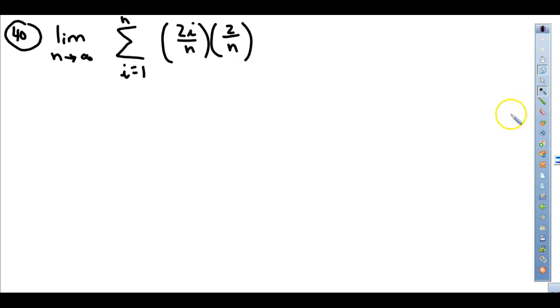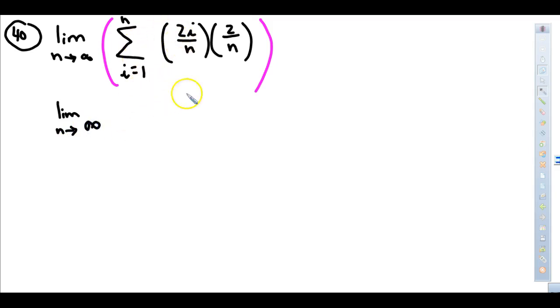So this is the limit of the sum. Now I'm going to remember that you can only eat an elephant one bite at a time. So I'm going to take this step by step. I'm going to do the sum of all this first. I'm going to be carrying this limit down for a couple of steps here, and I'm going to simplify this.